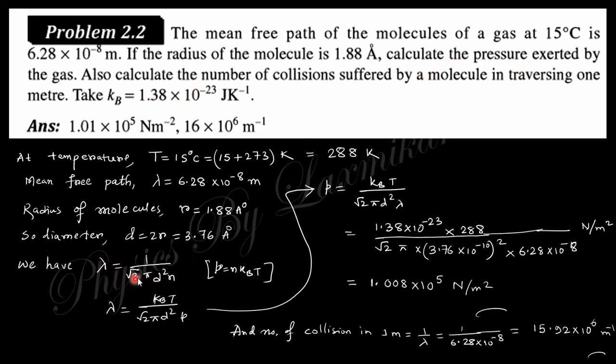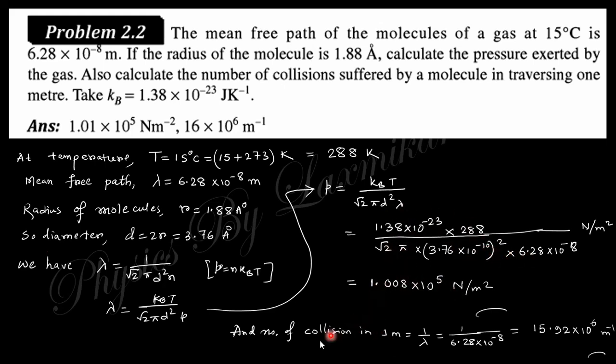You know the mean free path is 1 by root 2 pi sigma square n, and P equals n kT. Replacing n by P by kT, we get P equals kT by root 2 pi d square lambda. Put in the values of k and T, and d is the diameter in Angstrom, so 10 to the minus 10, and this is lambda. Calculating, you will get this answer.